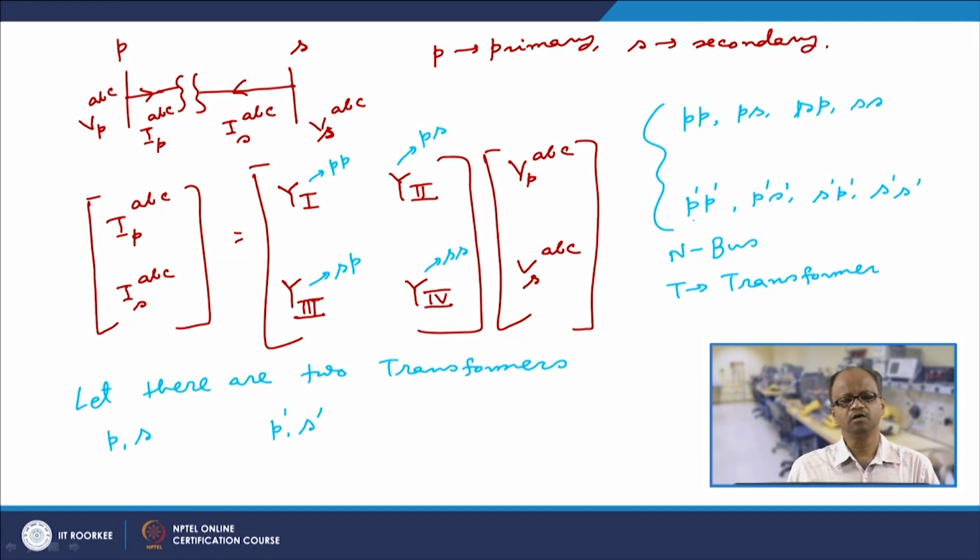Now, to start with the actual process of fault analysis, we will first find out the Y bus representation of different types of faults, because here we have simply represented the entire system by its equivalent Y bus matrix.